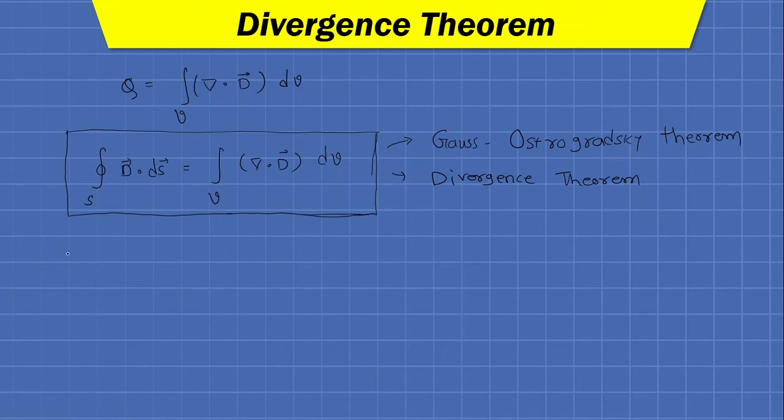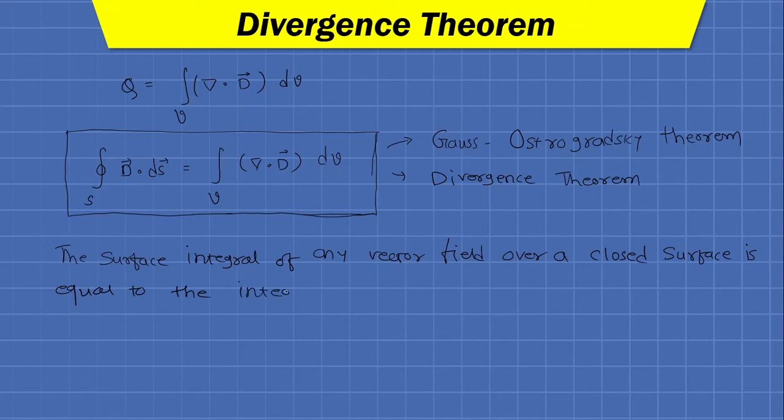The physical meaning, or understanding, of the divergence theorem is: the surface integral of any vector field over a closed surface is equal to the integral of divergence.